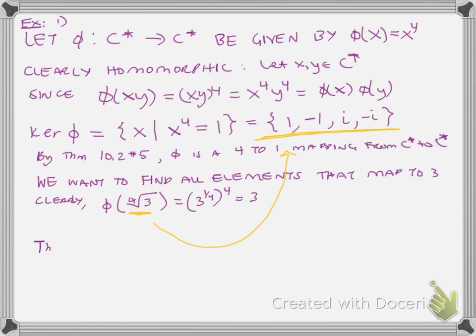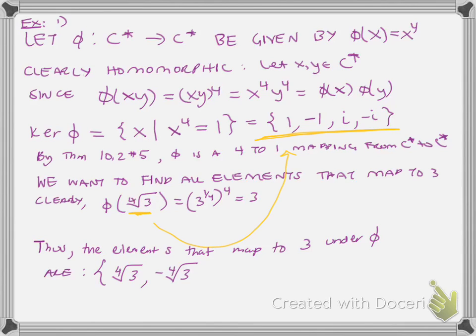Thus, the elements that map to 3 under this particular phi, you can write them as a set: the 4th root of 3, -4th root of 3, 4th root of 3 times i, and -4th root of 3 times i.